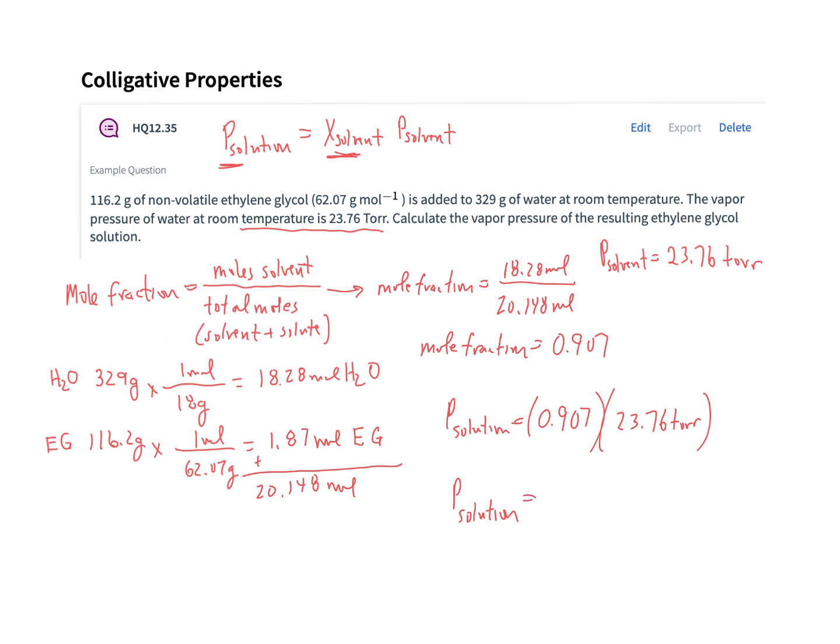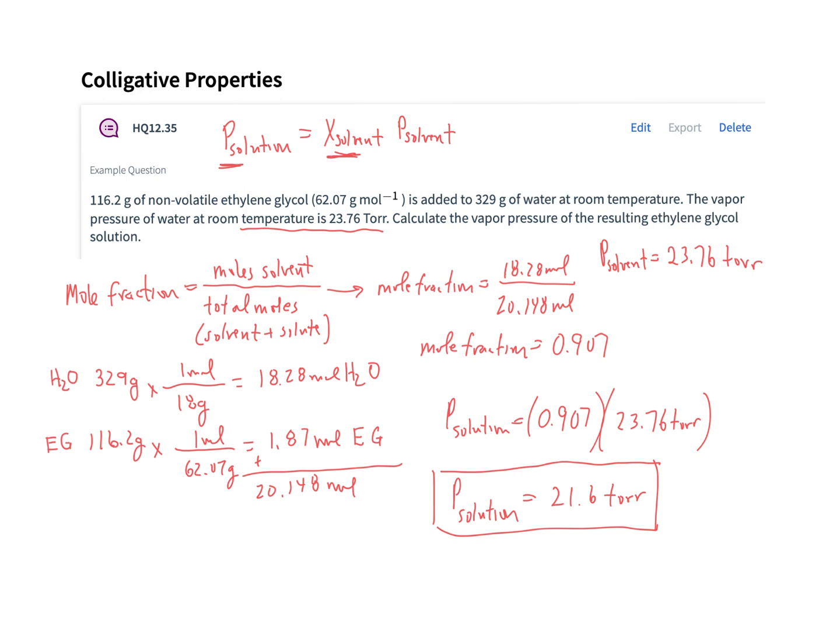And we know that if you add an impurity to that pure solvent, you're going to decrease the vapor pressure. And so what do we see? We multiply those two together, a new vapor pressure of approximately 21.6 torr. So a lower vapor pressure, that corresponds to what we were expecting to happen.